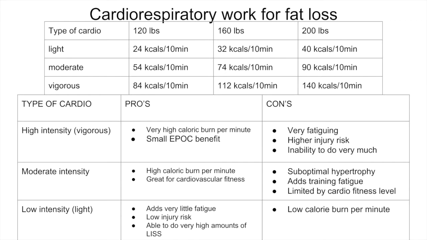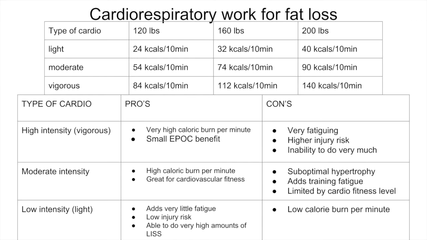So we're going to look at 3 different modes of cardio and compare the benefits of each. So high intensity or vigorous cardio would be like your high intensity interval training, sprints and whatnot. Moderate intensity would be like jogging or running. Low intensity would be either walking or walking on an incline treadmill, just a very light intensity.